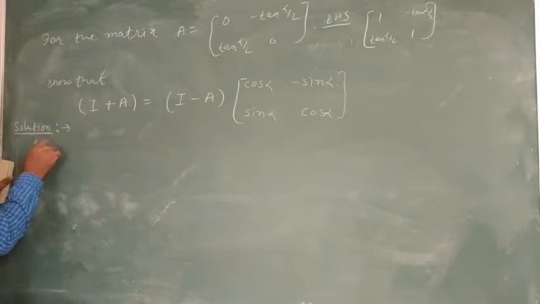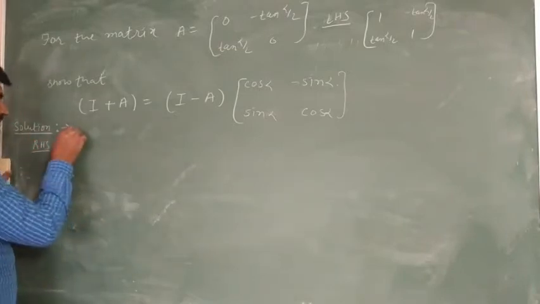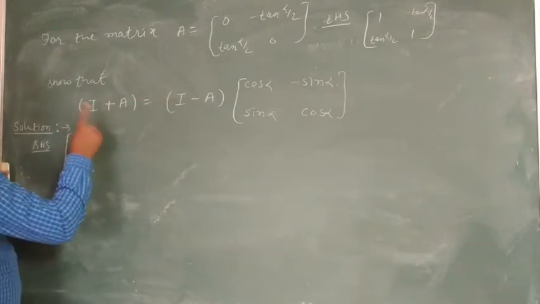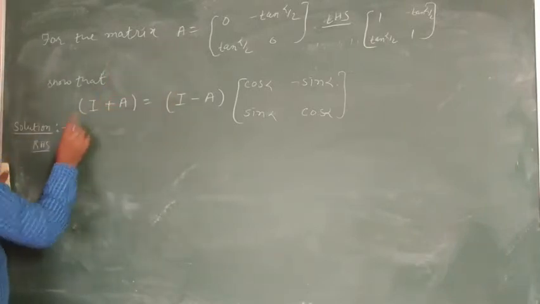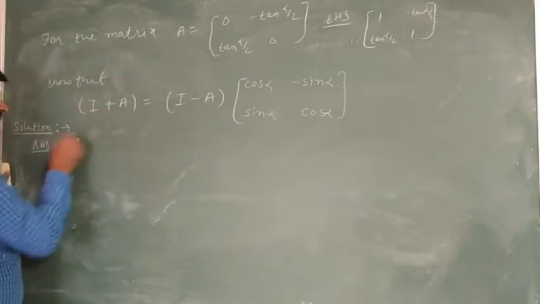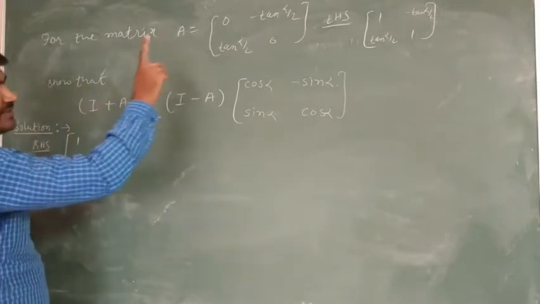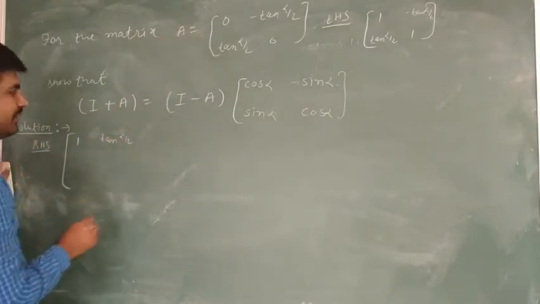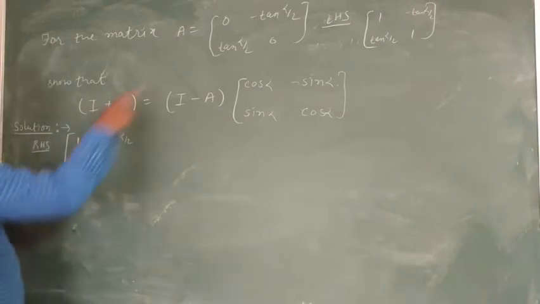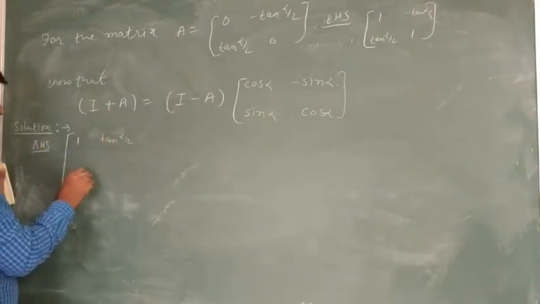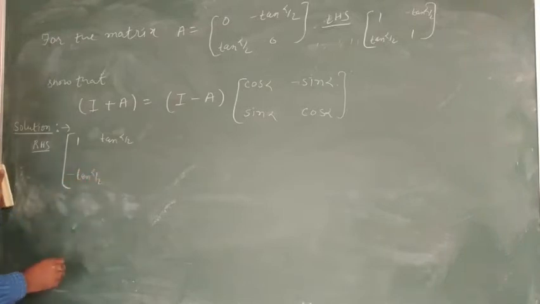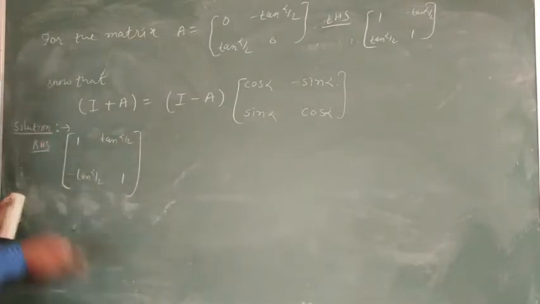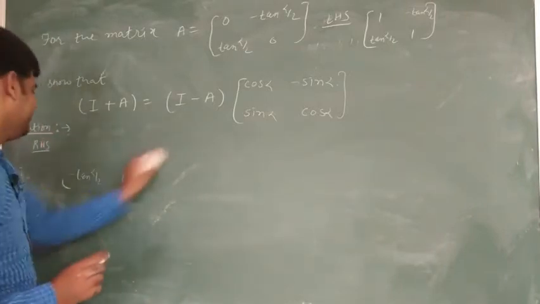Identity matrix minus this one, so 1 minus 0 is equal to 1, then 0 minus that, so plus tan alpha upon 2, then next element 0 minus that, so minus tan alpha upon 2, and here 1 minus 0 is equal to 1. That is the value of I minus A. I have directly written it. If you have not understood, I can explain it properly.